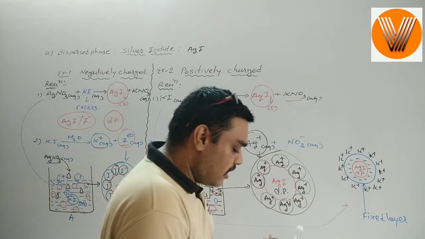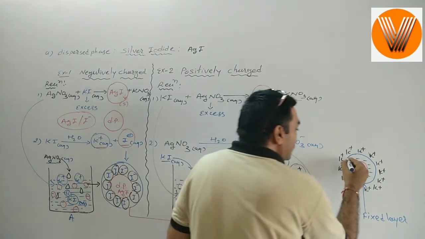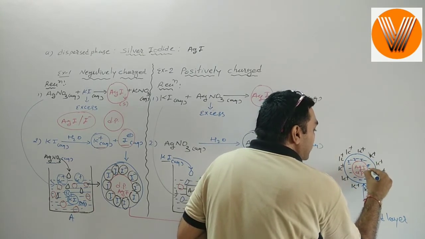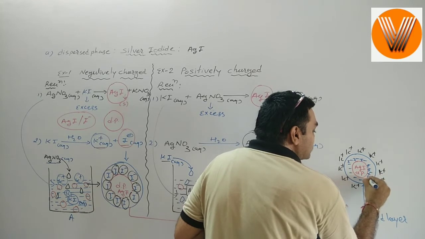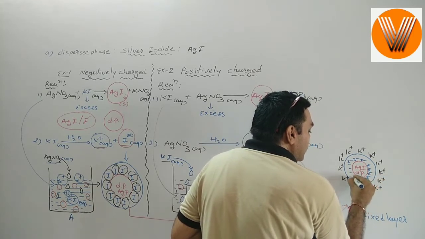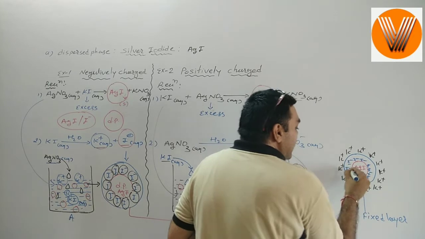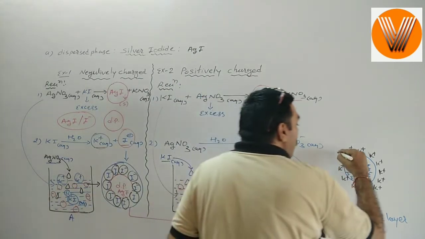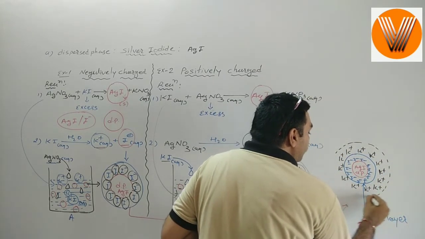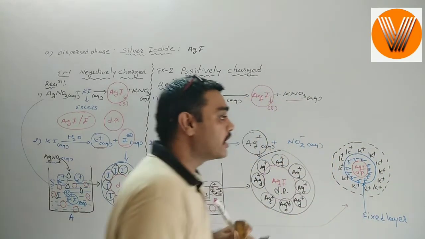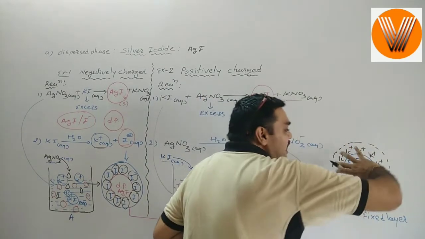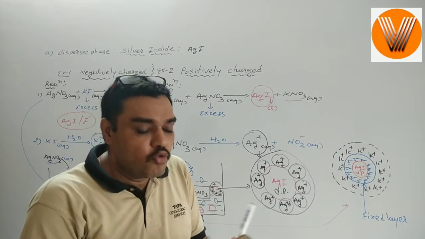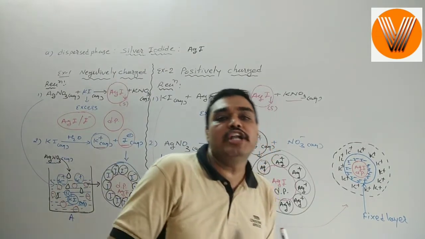Here you find that earlier there is I minus, and it is attracted towards K plus ion, and it makes a movable, mobile and diffused layer, meaning this upper layer continuously moves, and that's why it is called the movable, mobile and diffused layer.